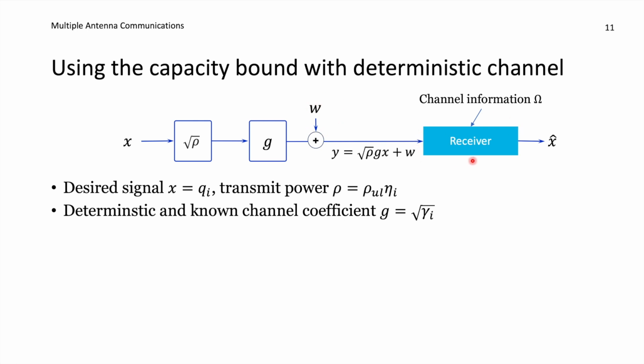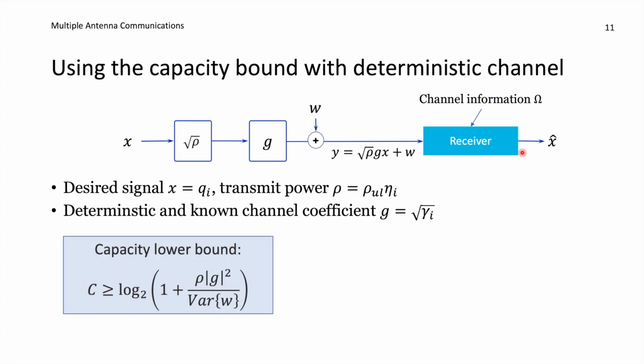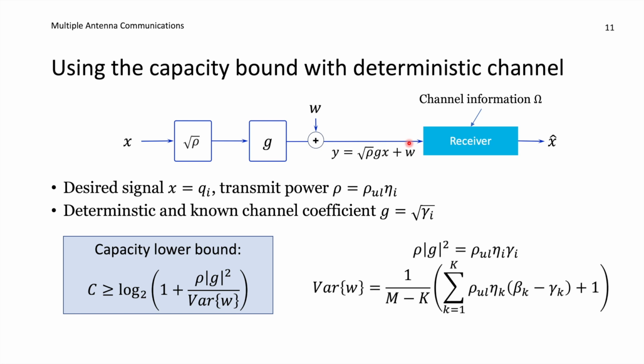And then we are receiving something that we are decoding, and we have this capacity lower bound, where we should take rho, multiply with the absolute value square of this term, and divide it with the variance of the remaining term. And in our case, rho is rho uplink times eta_i, and g is square root of gamma_i, so we square it and get this expression.